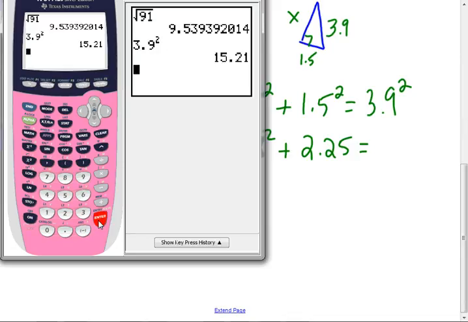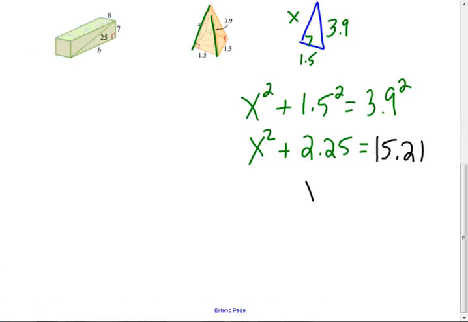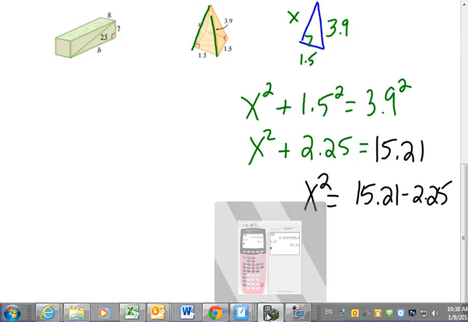Okay, it's 15.21. And then x squared is going to be equal to 15.21 minus 2.25. I don't feel good today, so I'm going to use my calculator because I'll probably do it wrong.